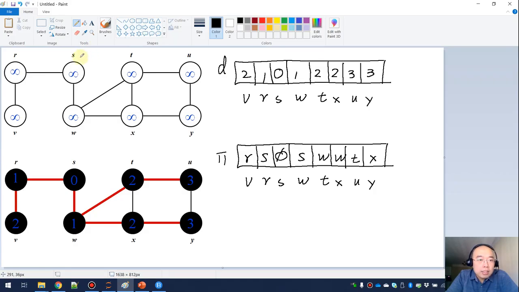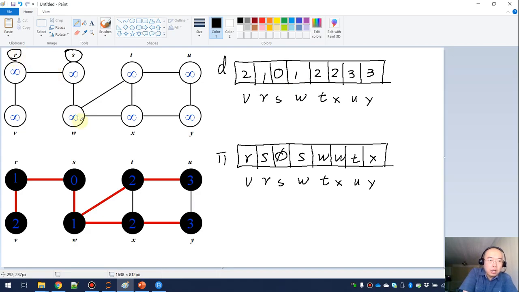So for S, S is the root. So for D of S, it is 0 because S itself is the root. And then R and W are here.